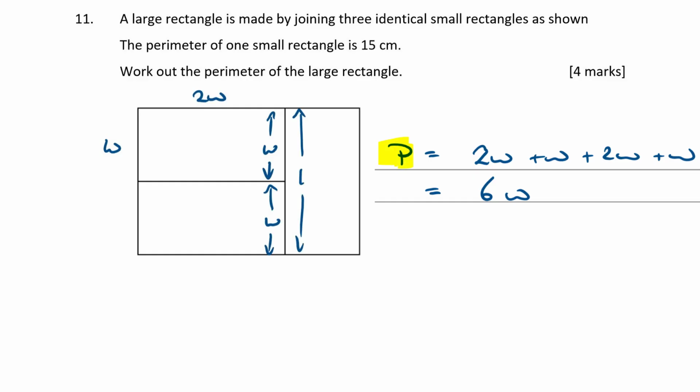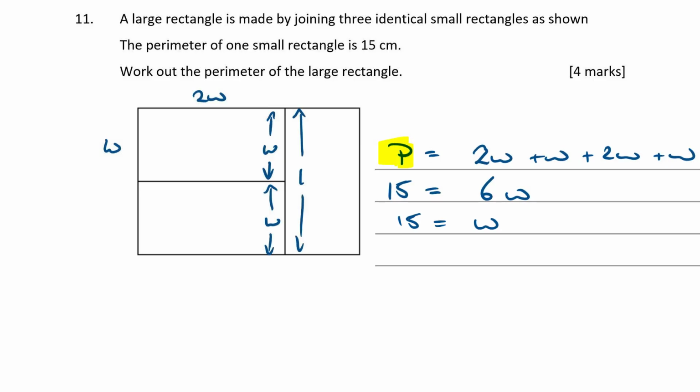So we can replace the P there with the 15. And that tells me that 6W is equal to 15. So dividing both sides by 6, I'm going to get W equals 15 over 6. So 6 goes into 15 twice, remainder 3. So W is 2 and 3/6, or 2.5, isn't it? 2.5.